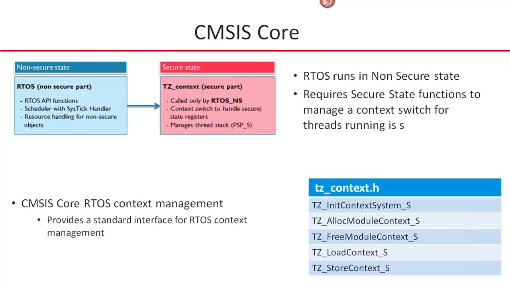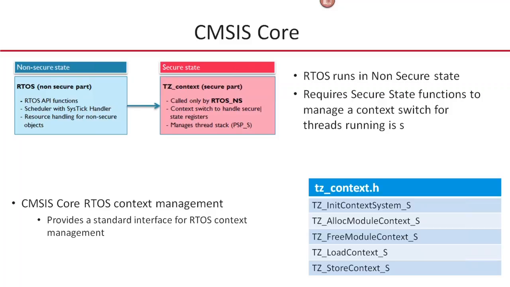However, if we're using a small footprint operating system, we will typically have our RTOS started and running in non-secure state, but we'll need to make calls to threads running in secure state. So there is another set of functions that handle a context switch between secure and non-secure state, and these can be used by anybody designing a small footprint operating system.